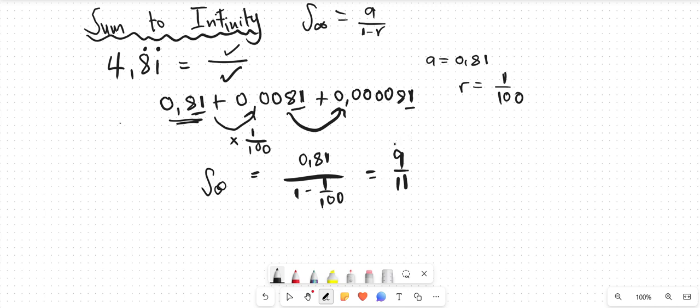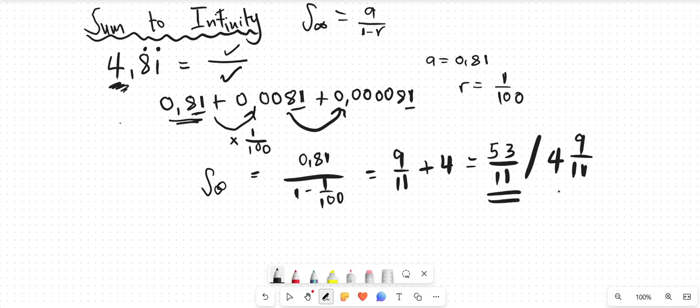So that guy, if you add the 4 that we initially had up here, then you will end up getting this simplified fraction, which is 53 over 11, or if you want to write it as a mixed number, it's 4, 9 over 11. So that guy actually can be represented as a fraction as this, or that guy.